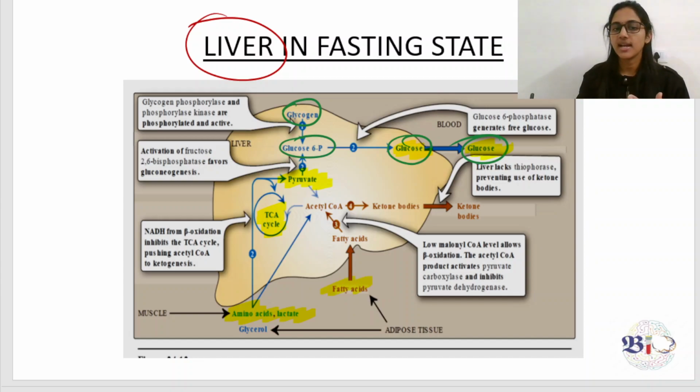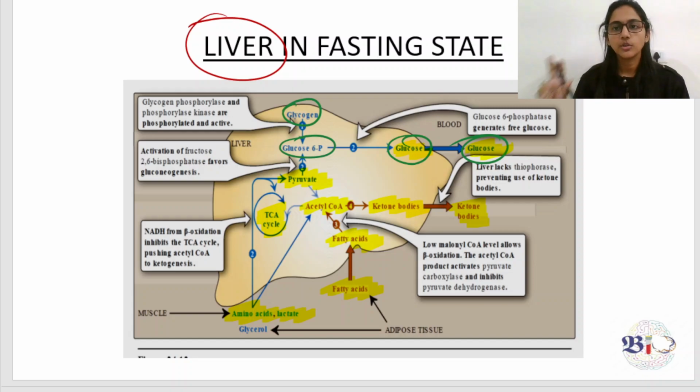Now, what happens to fatty acids? Fatty acids again will enter the liver and undergo oxidation to give us acetyl-CoA. Now, acetyl-CoA enters the TCA cycle and gives ATP. That ATP is used up in the gluconeogenesis pathway. But when the oxaloacetate sources become less, then acetyl-CoA is diverted towards ketone body synthesis, and ketone bodies are synthesized out of the liver.